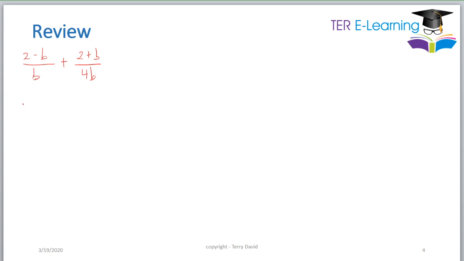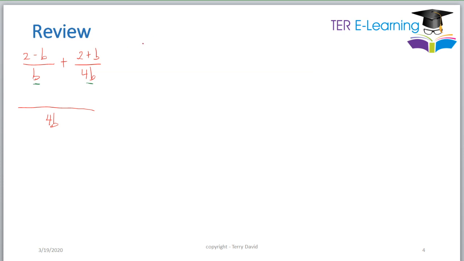Basically we are trying to add 2 algebraic fractions, right? So the first thing we need to do is find the LCM of the denominators, that's b and 4b, all right? Just like if we're adding fractions, we're going to draw a line, and the LCM of b and 4b is actually 4b, right? That's my LCM.